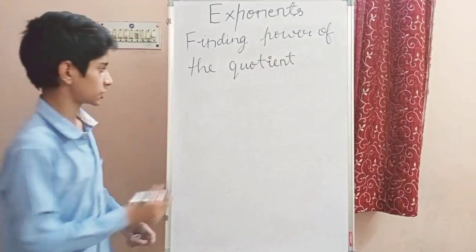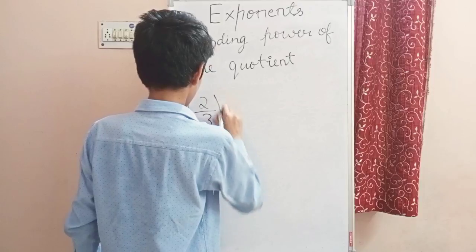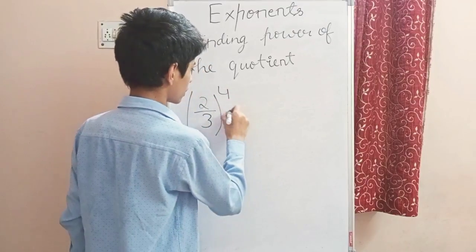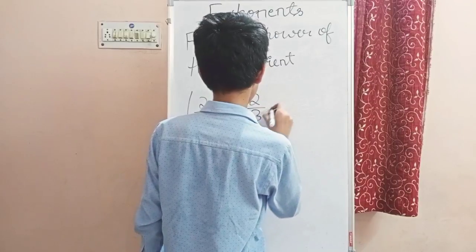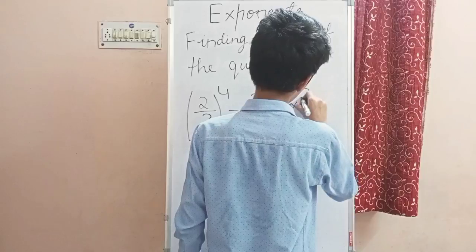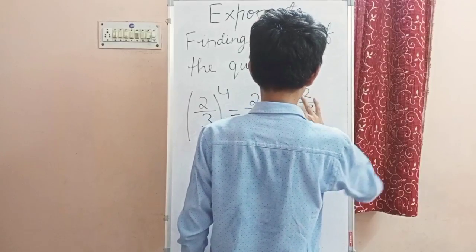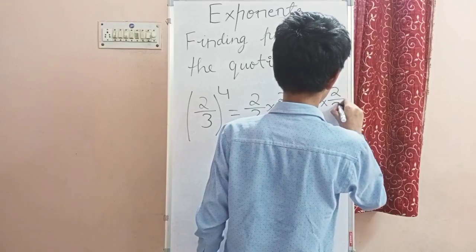Finding power of the quotient. It means if there is written 2 upon 3 raised to the power 4, so what could it be? It could be like this also, 2 upon 3 into 2 upon 3 into 2 upon 3 into 2 upon 3.